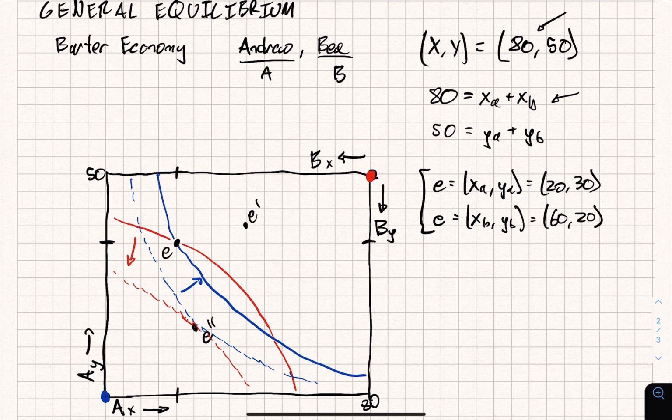So Bea's indifference curve is increasing. Okay, so we've looked at two points. So we know it can't lie anywhere on the inside of either of these indifference curves.